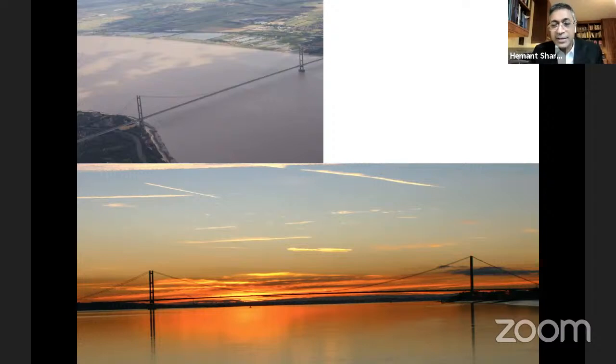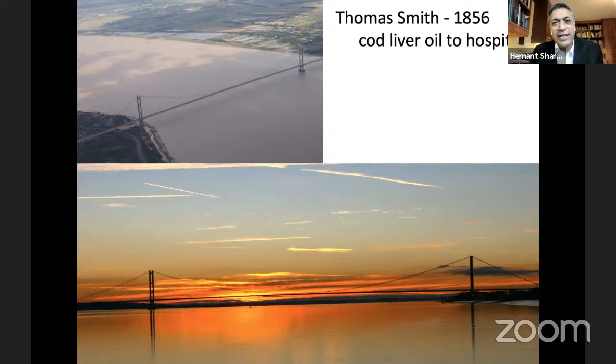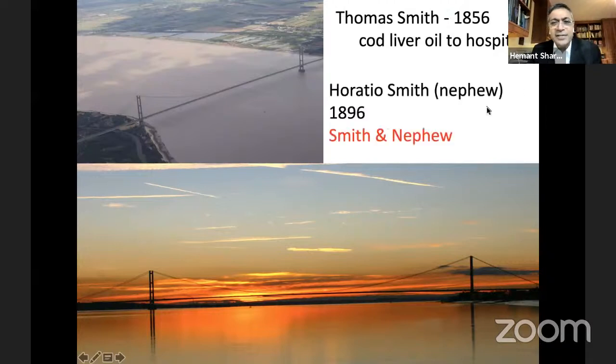And there was a chap a long while ago in Hull called Thomas Smith. He started selling cod liver oil to hospitals. And then when his business grew quite a lot, about 50 years later, he asked his nephew to join him.